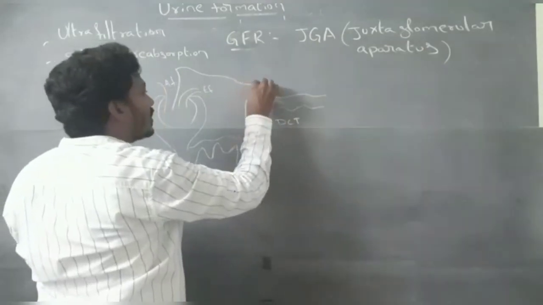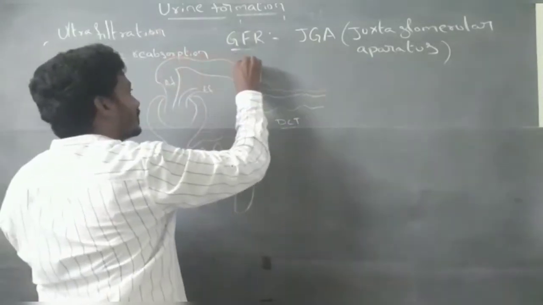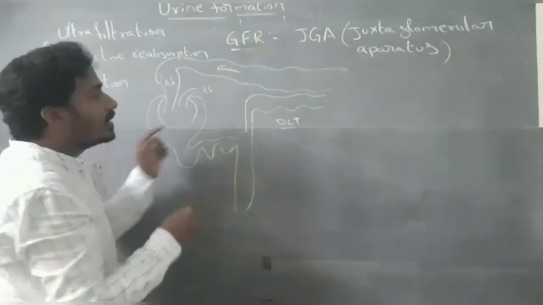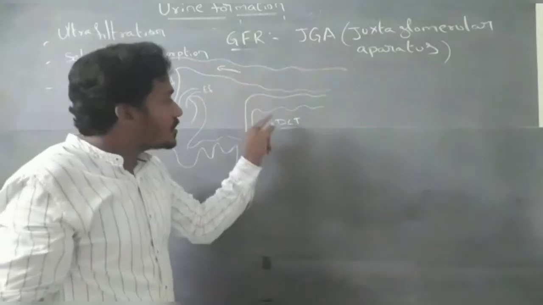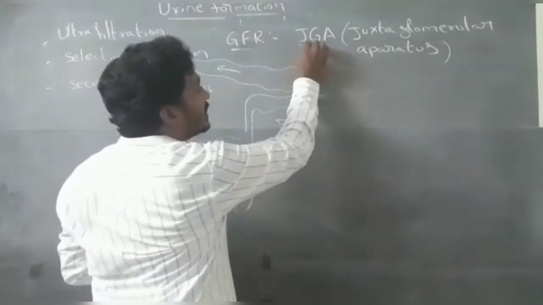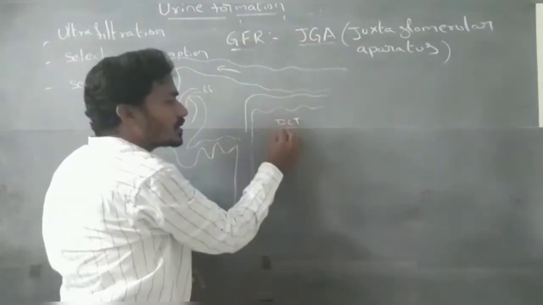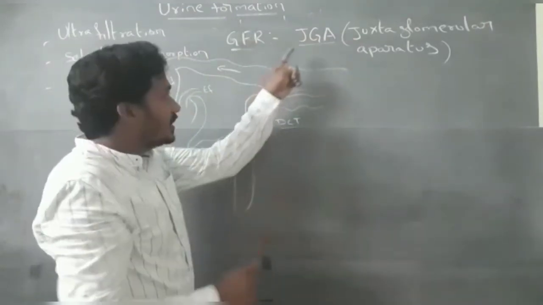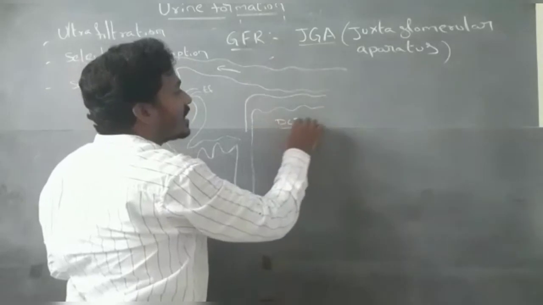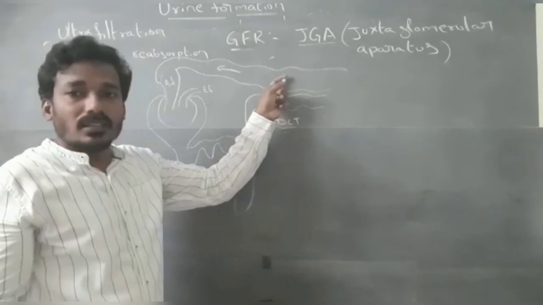The afferent arteriole comes in close contact with the DCT to form the juxtaglomerular apparatus, because in this region the cells of both the DCT and afferent arteriole are modified.